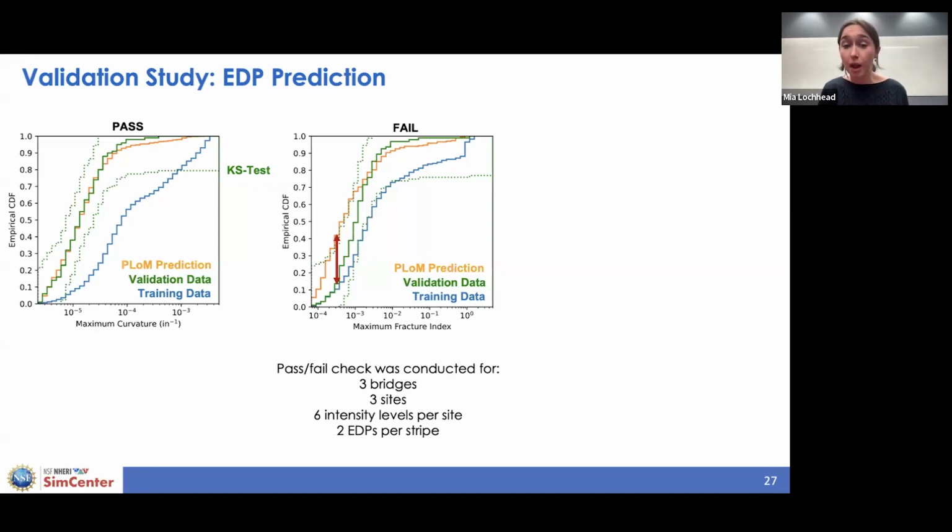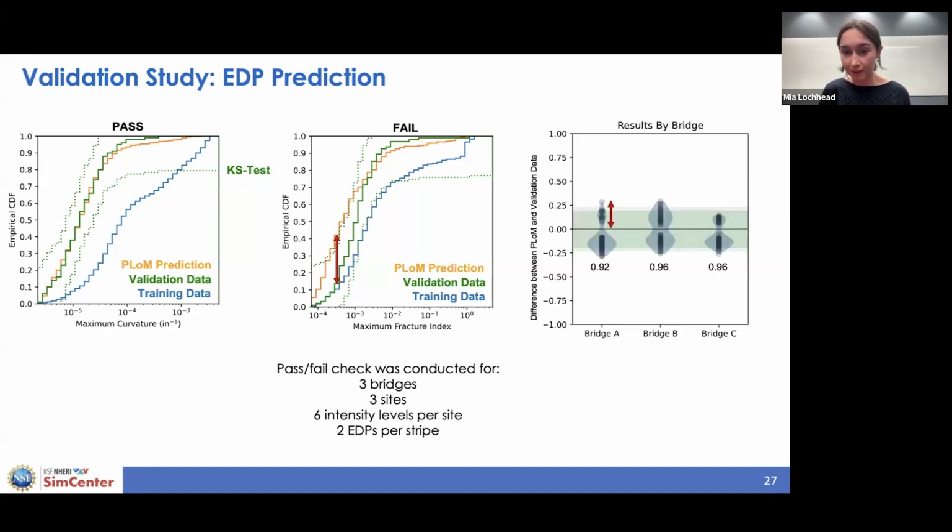And so when we plot these for all of our bridges, sites, intensity levels, et cetera, we can create these plots that show overall really strong PLoM performance. And so this green band across the middle is representative of that KS test bounds, with the red error metric shown there accordingly.